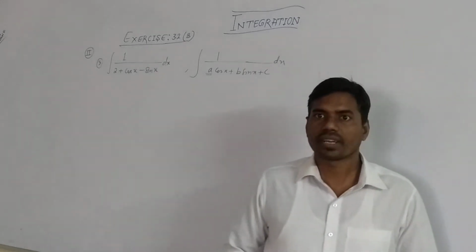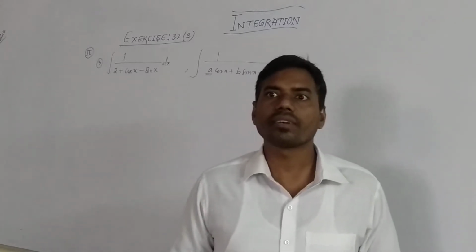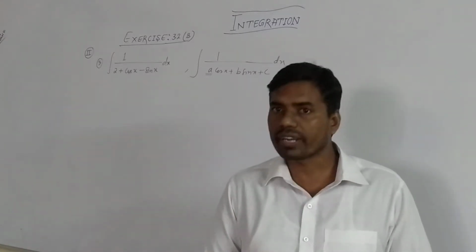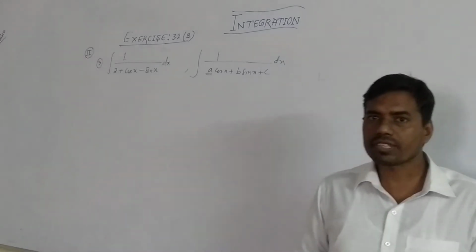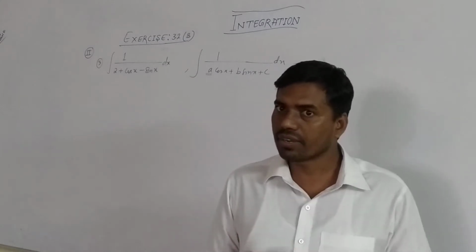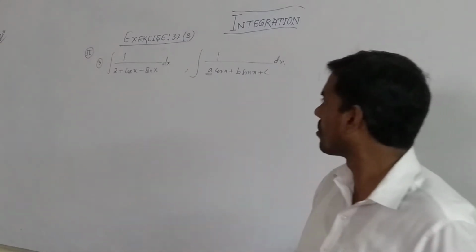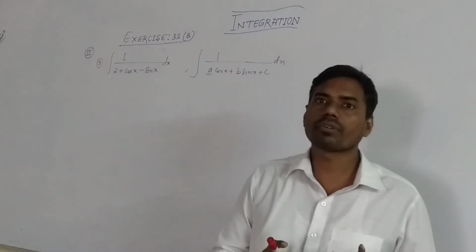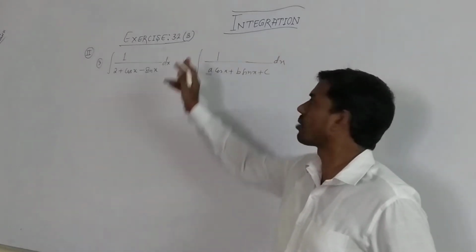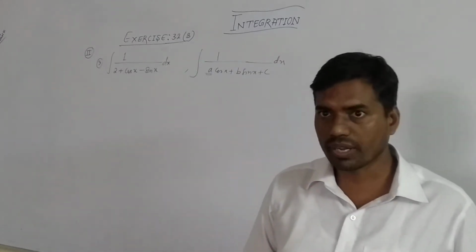Okay students, let us proceed to find the integration of the format integral of 1 upon a cos x plus b sin x plus c dx. Here we have question number 3 of part 2 of exercise 3.2b.